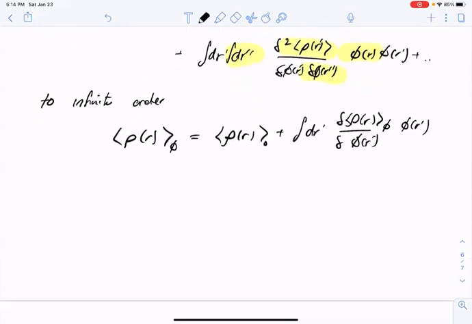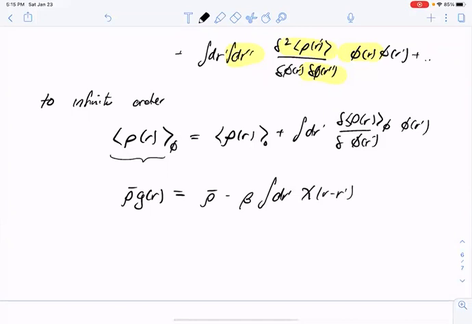Specifically, identifying rho of r in the presence of the field as the conditioned density with an ion at the origin, that's rho times g of r. The density in the absence of the perturbation is just the bulk density. And now plus or minus beta times an integral over r' of chi of r minus r'.